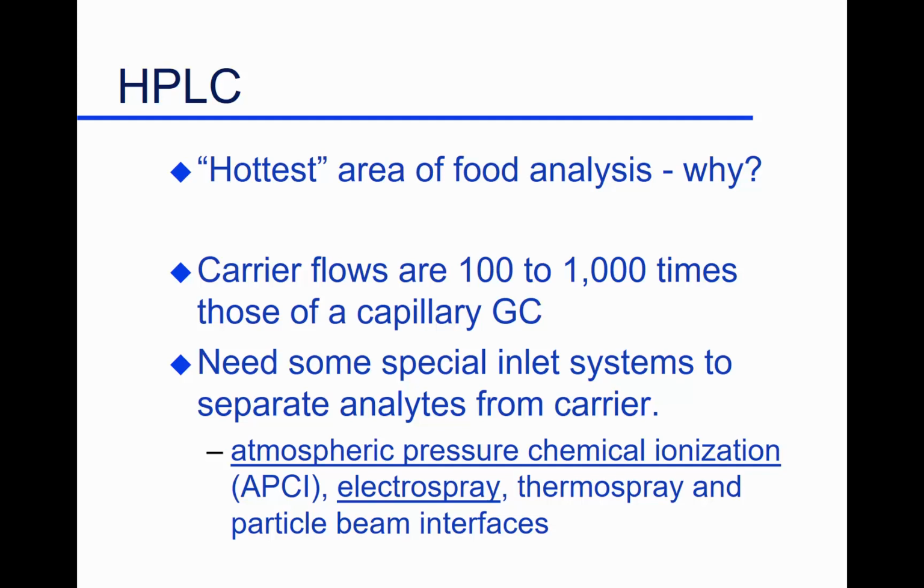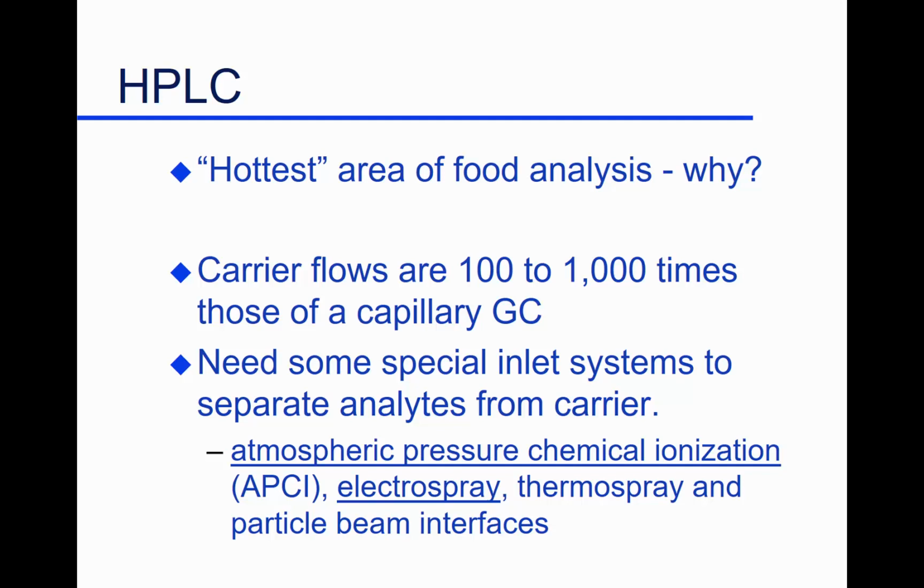And so your volume is much greater that you have to pump out or deal with in a liquid chromatograph than in a gas chromatograph. And so that really dictates some other types of inlet systems, ways to manage, again, that liquid changing to gas and expanding. And so we find techniques called atmospheric pressure chemical ionization, electrospray, thermospray, particle beam interfaces.